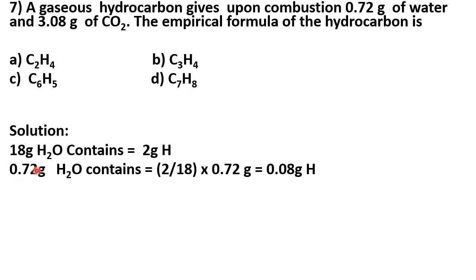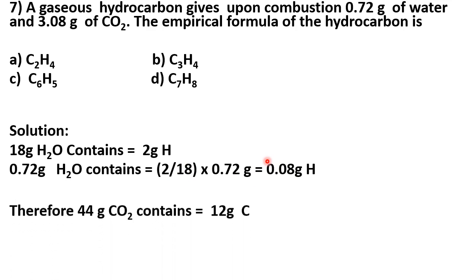So therefore 0.72 gram of water will contain 0.08 gram of hydrogen atoms. This can be calculated by doing mass divided by molar mass: 2 into 0.72 divided by molar mass of water, 18. So it will contain this much gram of hydrogen.